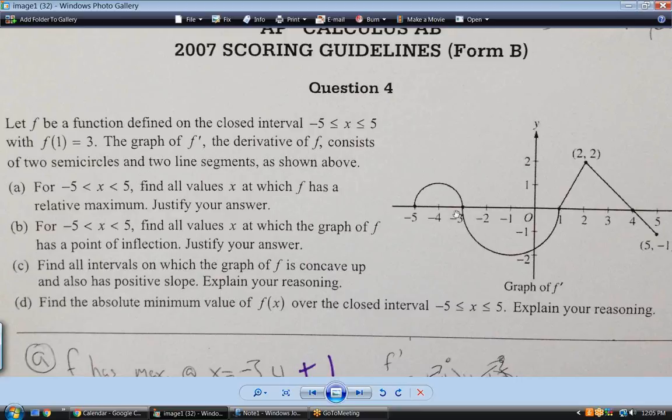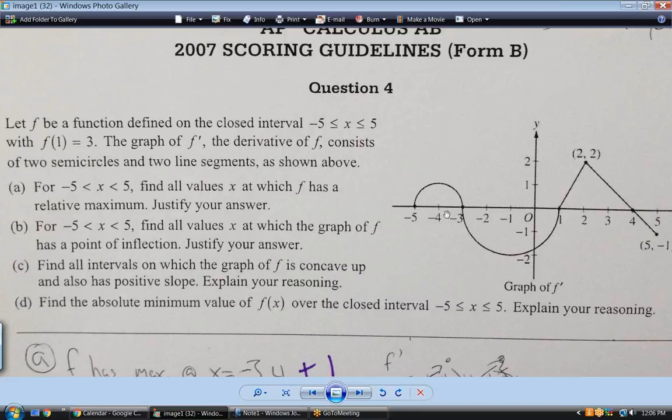So let's look at this second point. What's happening around that point? What are the slopes doing? If we apply the first derivative test to determine whether that could be a maximum, we don't know yet. That could be a maximum, that could be a minimum, it could be neither.